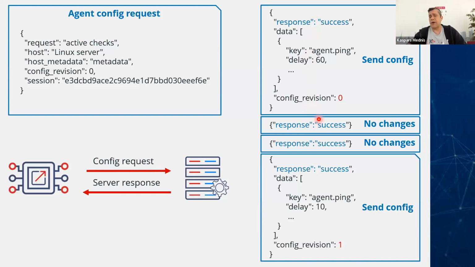So there is very small traffic constantly circulating between agent and server, but if there are changes, then they are updated. I would not say instantly, but in the next 5 seconds. So now you create a new host, you assign the host to the active agent, you wait like 5 seconds and go. Another nice improvement.